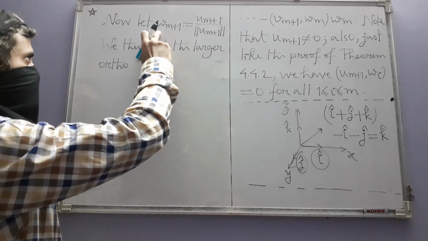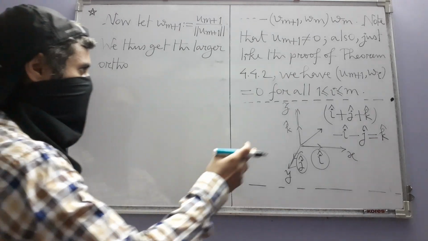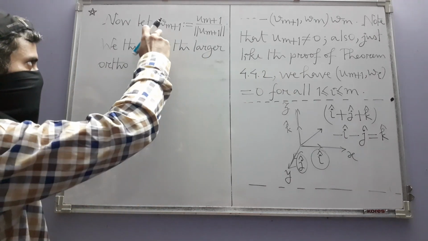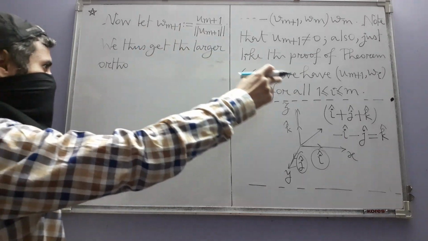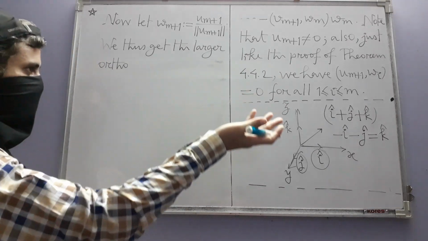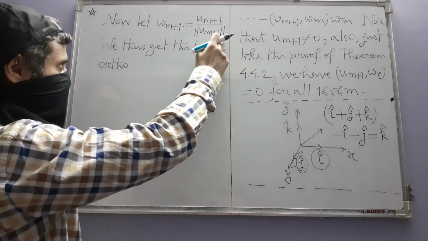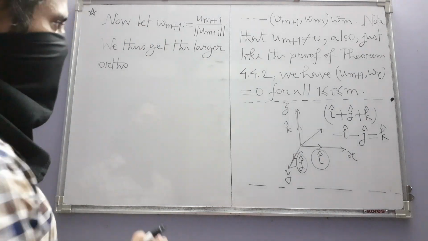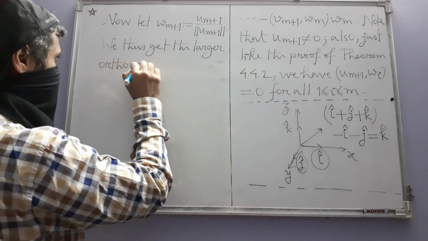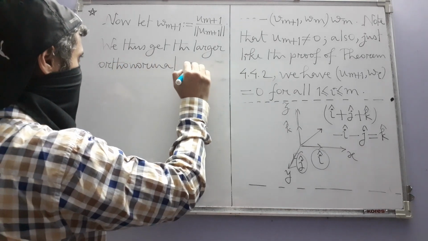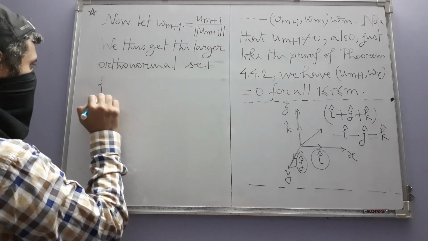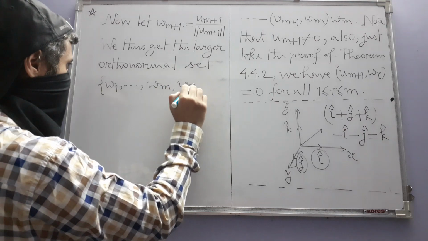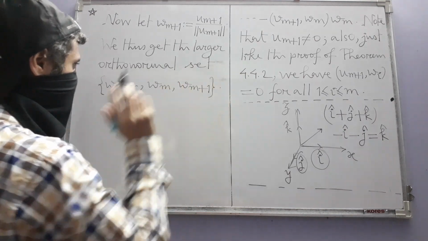But for orthonormality, which all the previous Wi's already have, that is, all of their lengths are equal to 1, that is fixed by considering not Um plus 1 itself, which may or may not have unit length, but Wm plus 1, which must have unit length. So that's why we now get this orthonormal set.